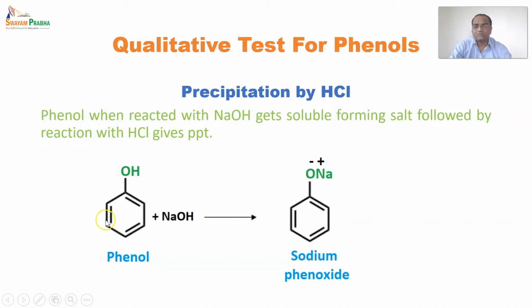Compared to phenol, sodium phenoxide is soluble because it forms a salt with NaOH, due to which it becomes solubilized.